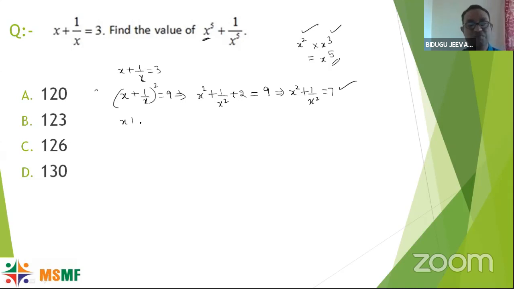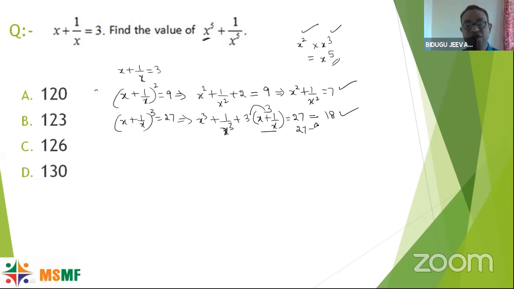Next, the cube, x plus 1 by x whole cube, is nothing but 27. a cube plus b cube plus 3ab into a plus b is equal to 27. This part is again 3, so 9. How much will it become? 18. Right, 27 minus 9, 18.